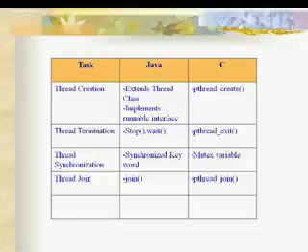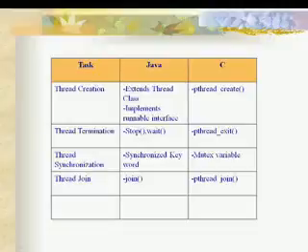In C, we use the pthread_create function to create a thread. To terminate the execution of a thread, in Java we use the stop keyword, and in C we use the pthread_exit function.